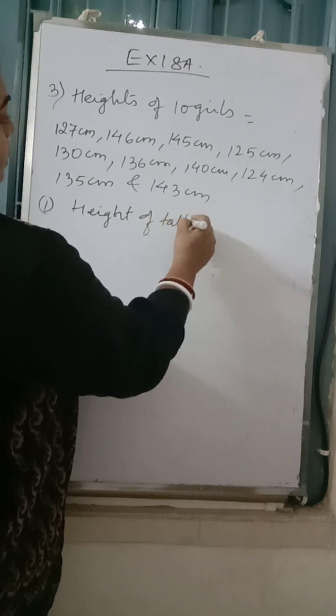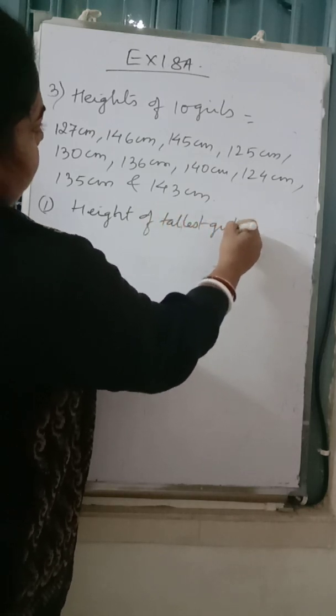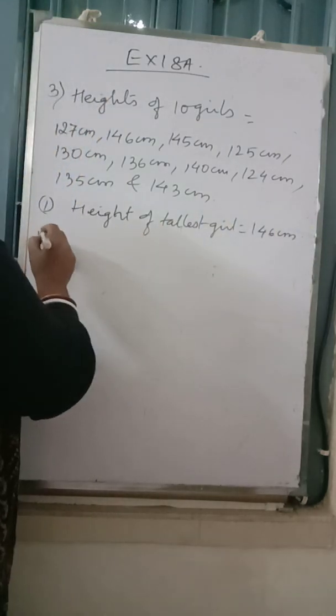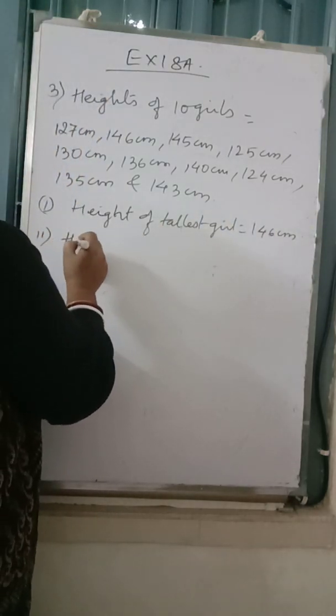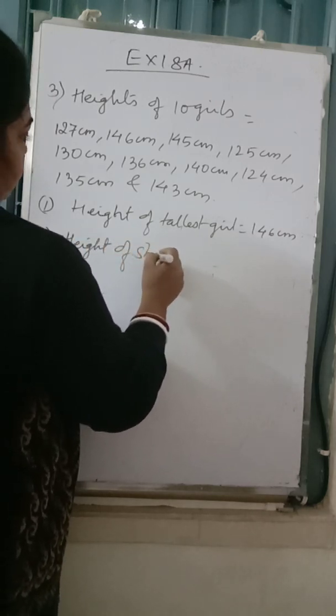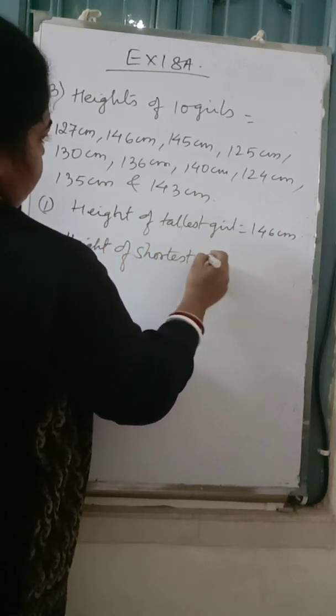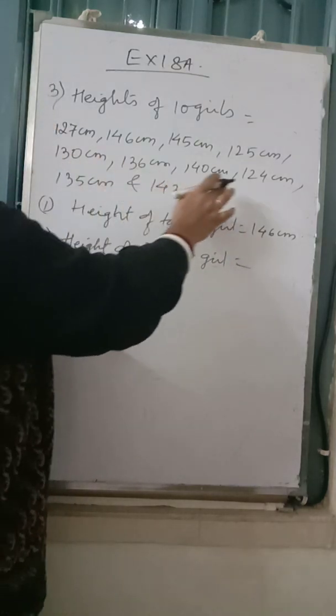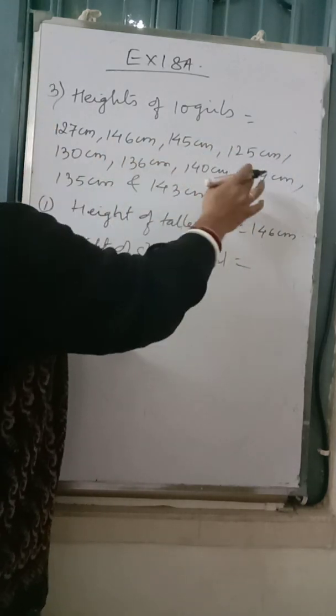Number 2, height of the shortest girl. You can see the minimum height, 124 centimeter.